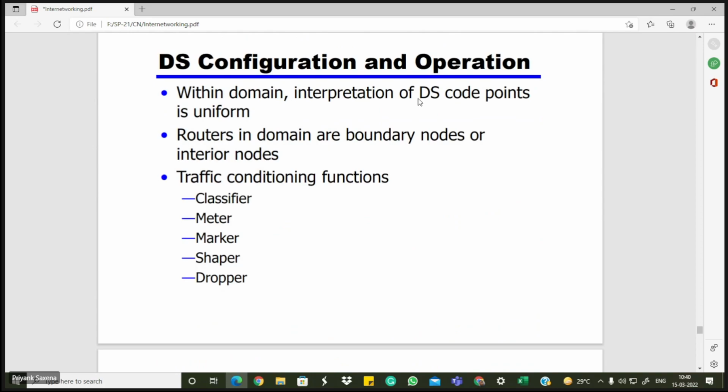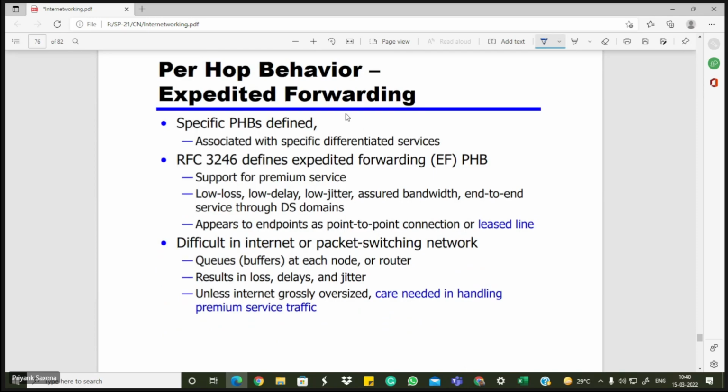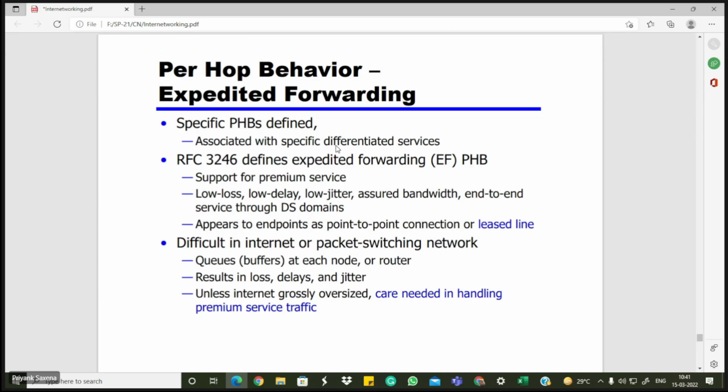Within the domain, the interpretation of the DS code point is uniform. Routers in the domain are boundary nodes or interior nodes, and these traffic conditioning functions are implemented at the boundary node. The boundary node exhibits this per hop behavior.